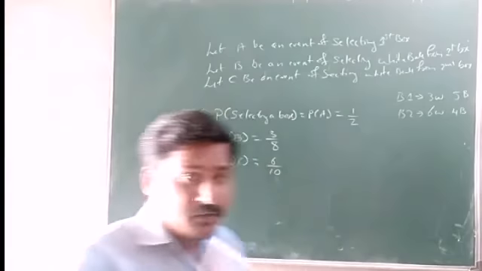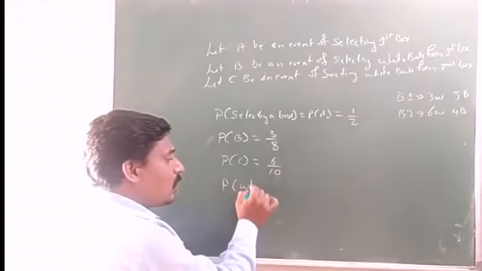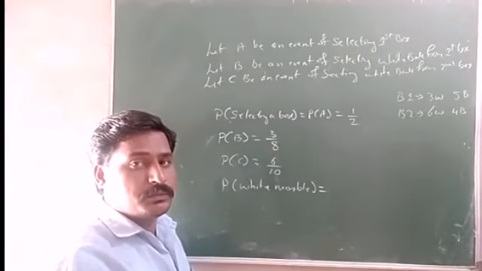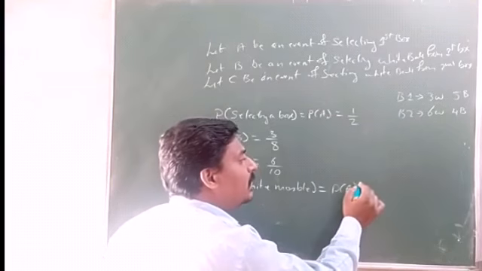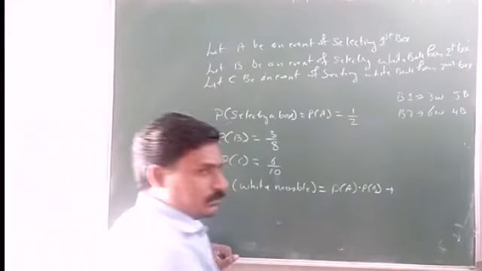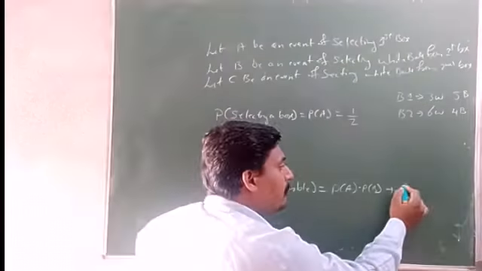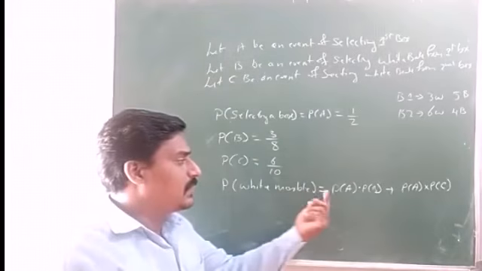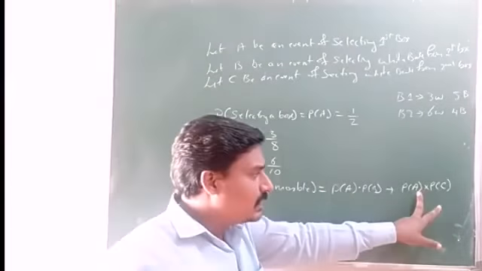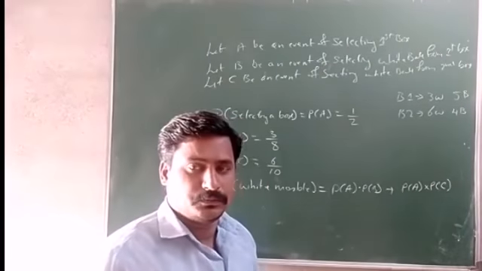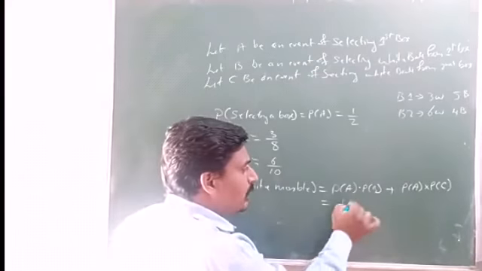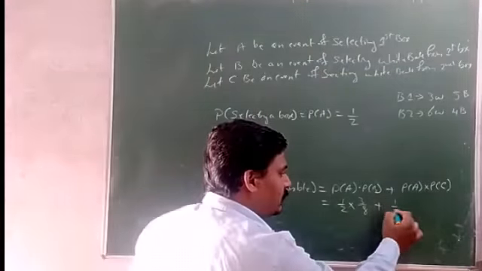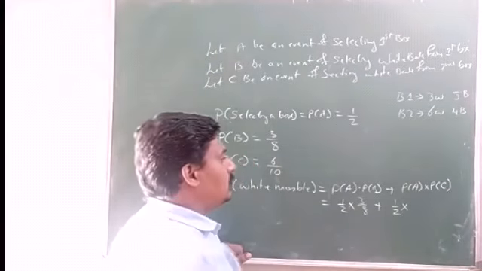So here the probability of getting a white marble is: first box and white ball, so P of A into P of B, or selecting a white marble from the second box, that is P of A into P of C. So P of A is 1 by 2 into P of B, 3 divided by 8, plus the probability of selecting the second box, again 1 by 2, into the probability of selecting the white ball from the second box, 6 divided by 10.